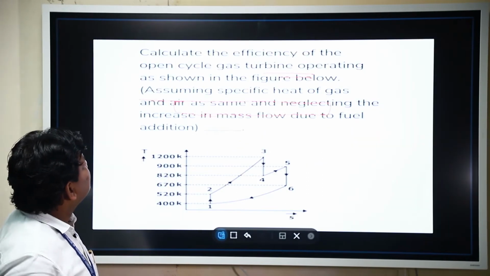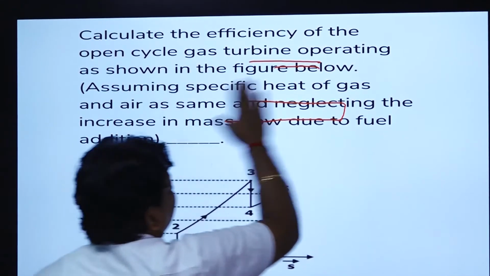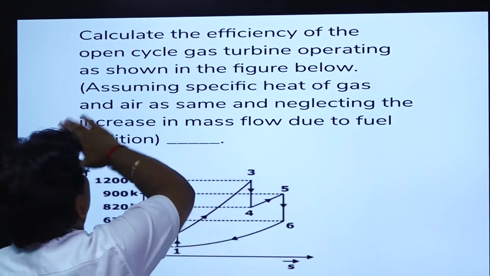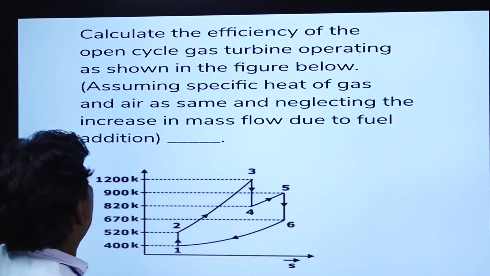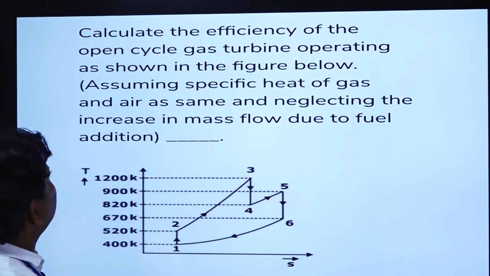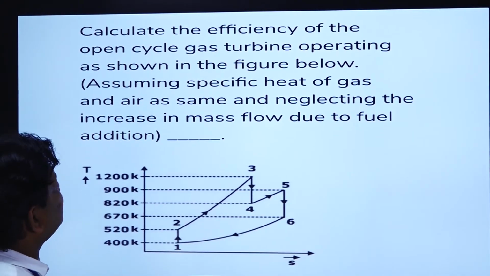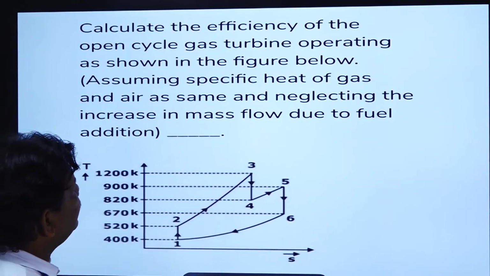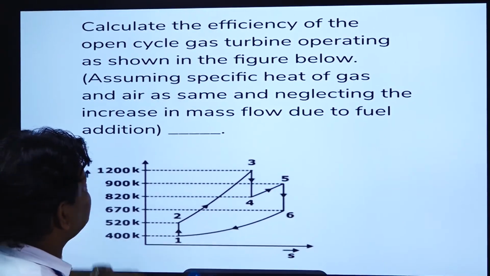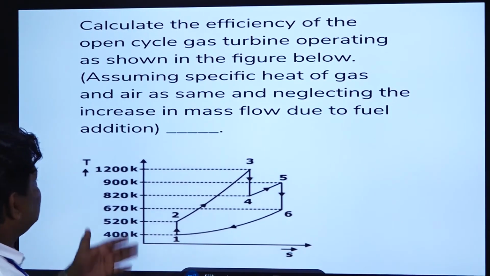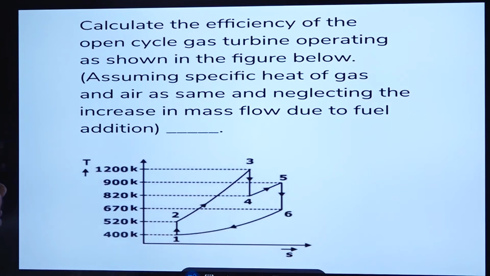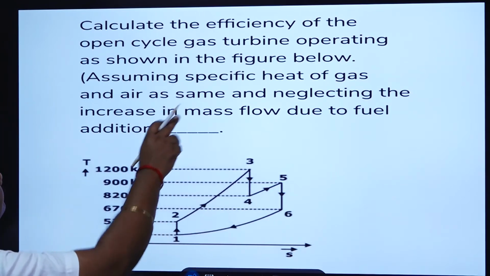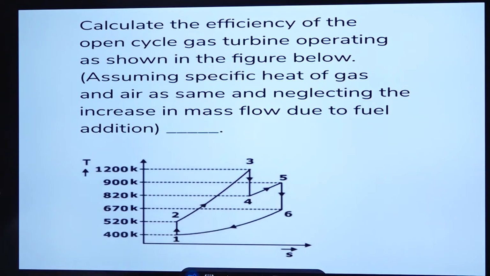Okay, so next, calculate the efficiency of the open cycle gas turbine operating as shown in the figure given to you, assuming the specific heat of the gas and the air are the same and neglecting the increase in mass flow due to the fuel addition. So this is the diagram which is given to you. Calculate the efficiency of the open cycle gas turbine.